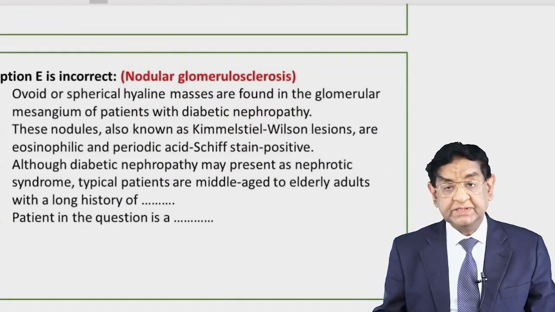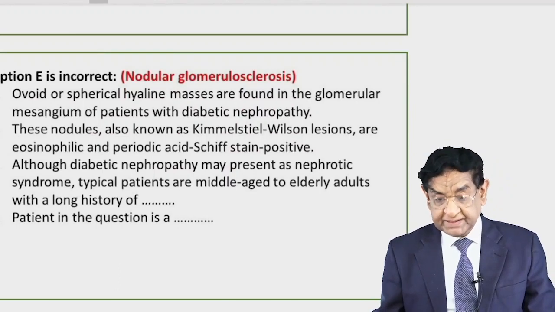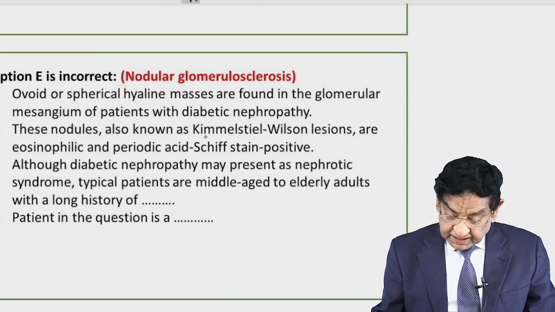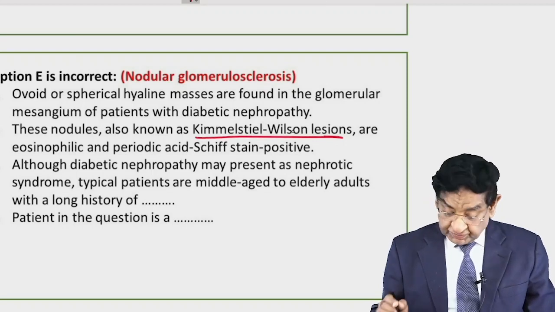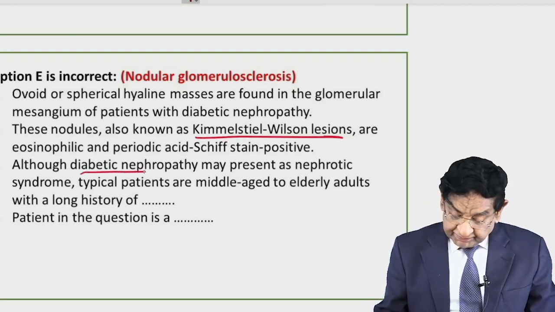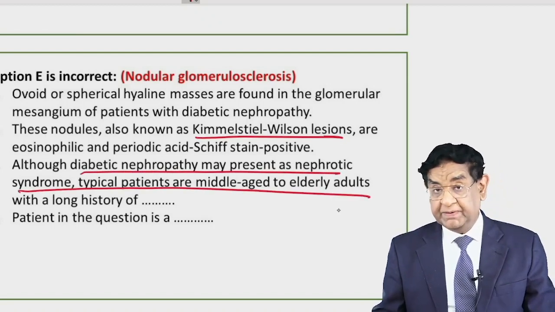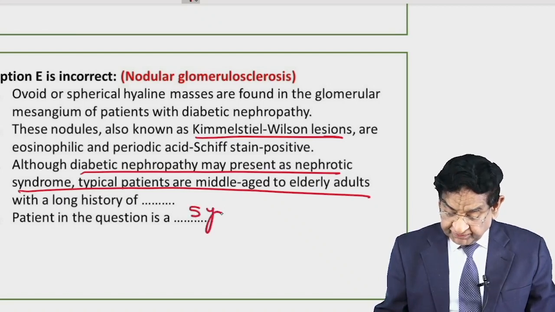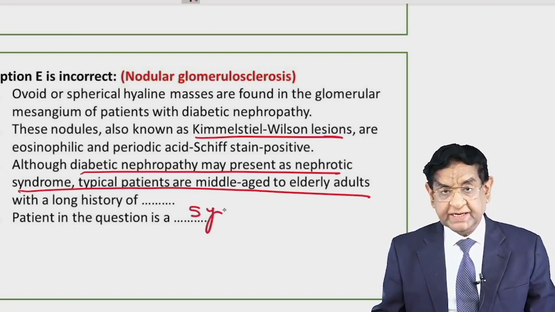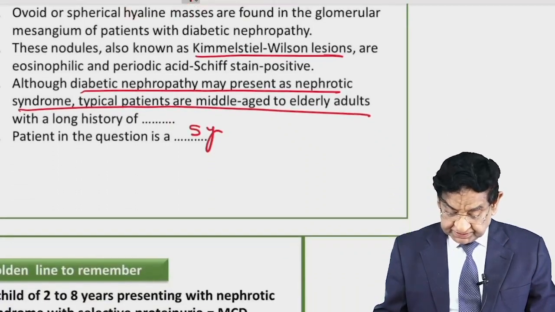Nodular sclerosis, this is seen in long-standing diabetes. Of course, these are known as Kimmelstiel-Wilson lesions. One more thing, although diabetic nephropathy may present as nephrotic syndrome, typical patients are elderly people. But the patient in our question is just a child of 5 years. So this is not the case, and of course, there is no history of diabetes.